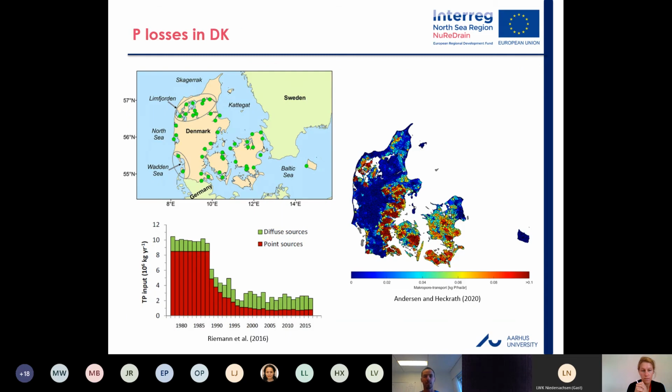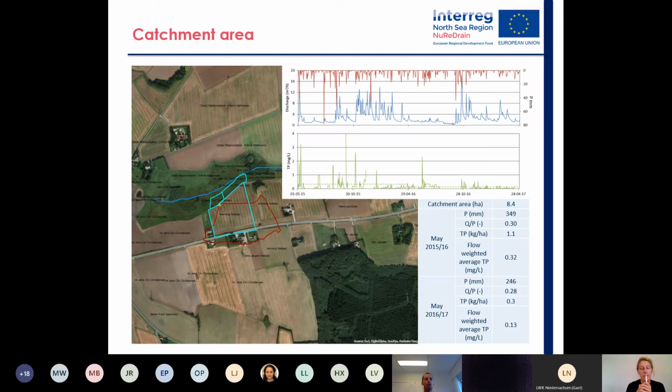Yes, so we were still at this slide. This slide shows our catchment area, which is delimited by the red line.